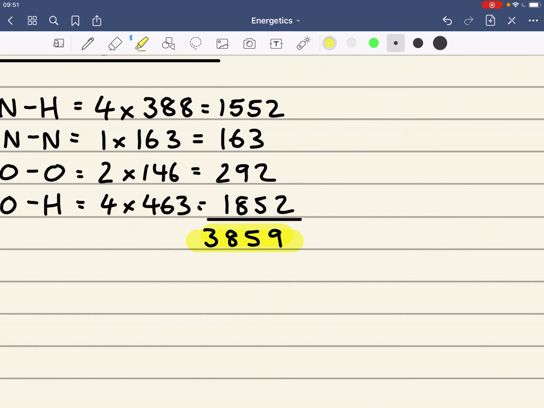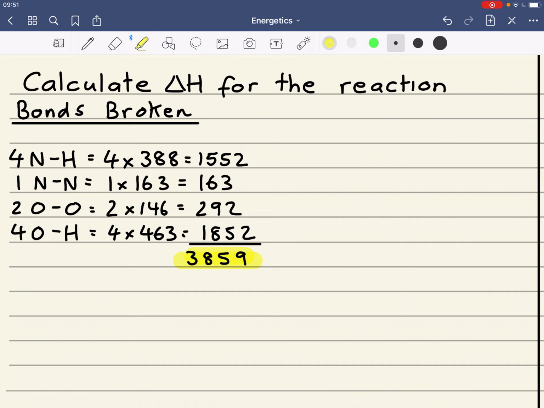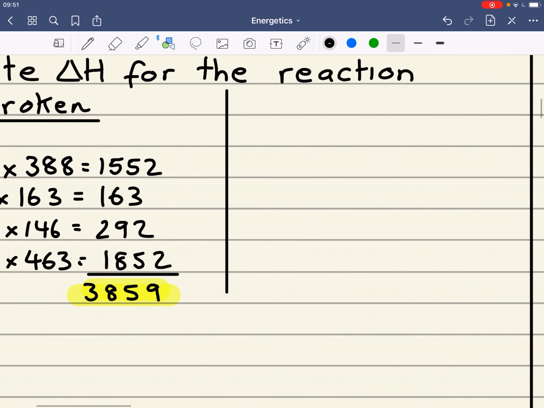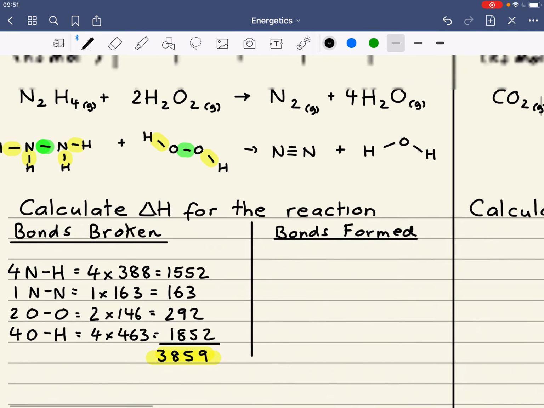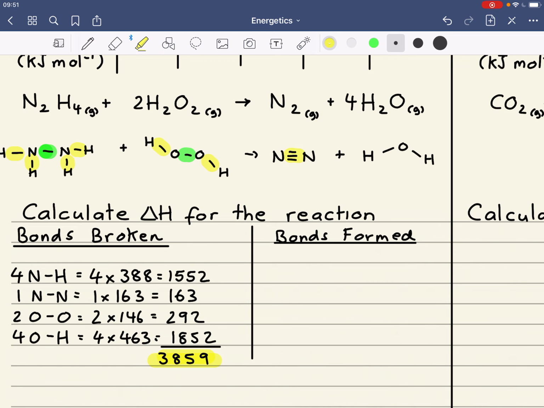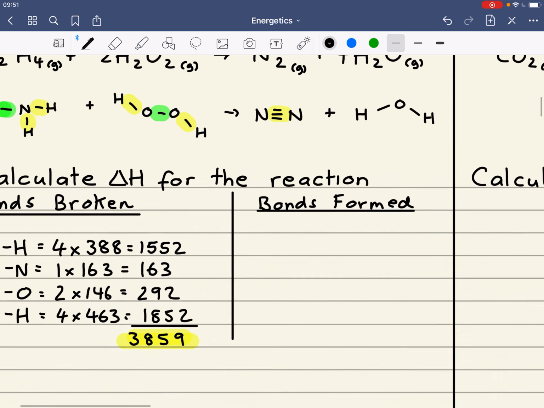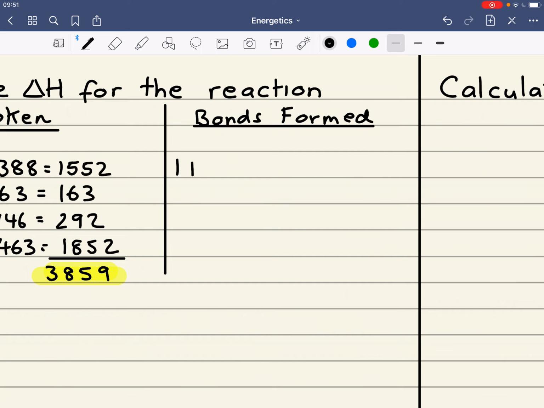So you need to be able to work out the energy required to break the bonds. Then we need to look at bonds formed. And we can see we've got 1 N triple bond N, and that's 1 times 944, which is 944.